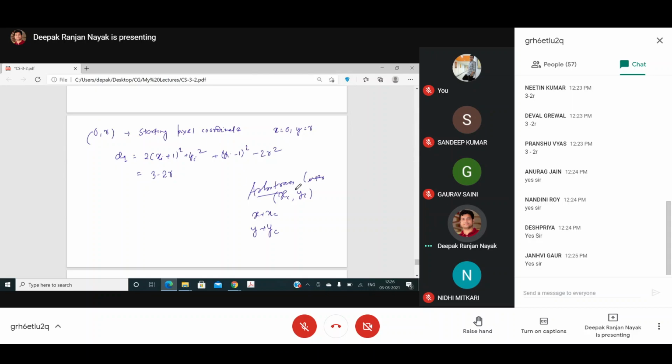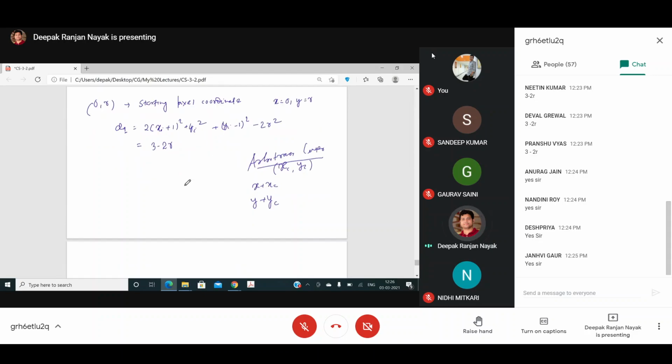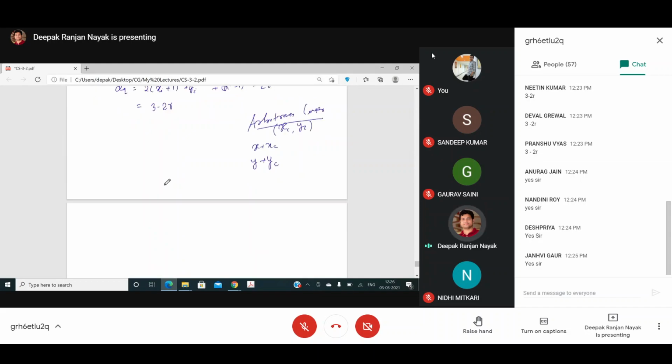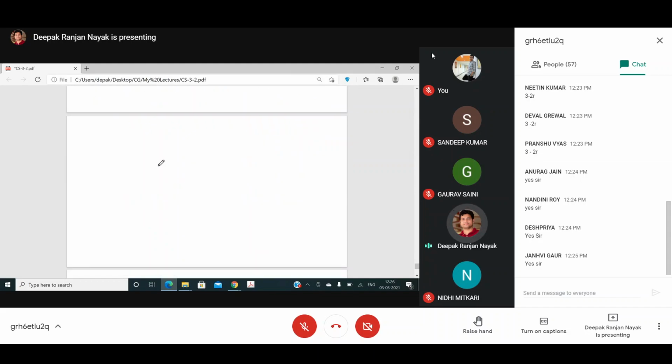So every time you will get one pixel position, and you can calculate the other 7 points using the symmetric property. That you also know, right? So let us try to summarize the algorithm, whatever we have discussed.